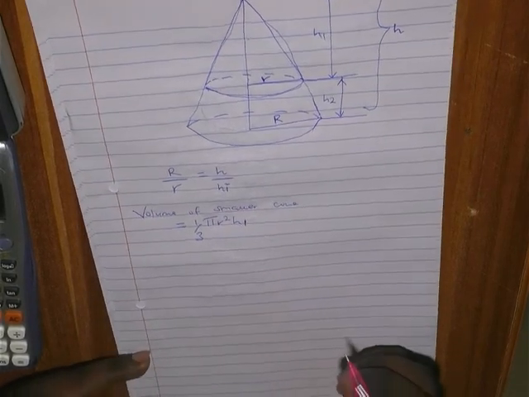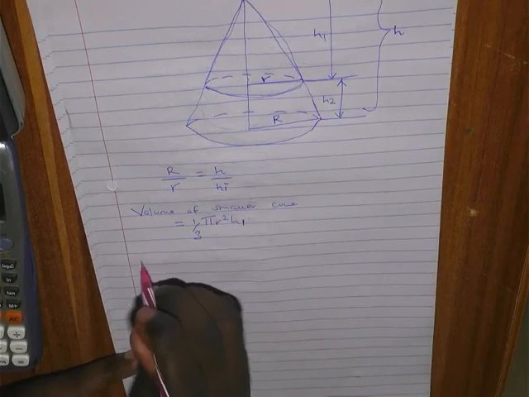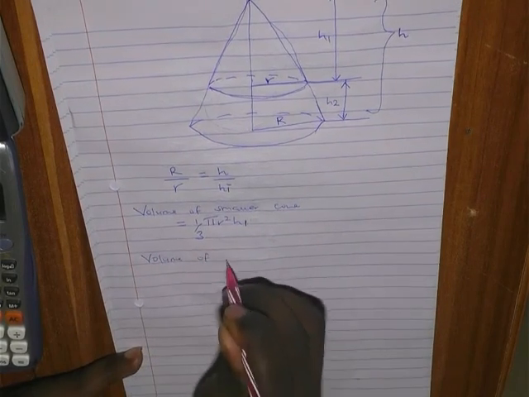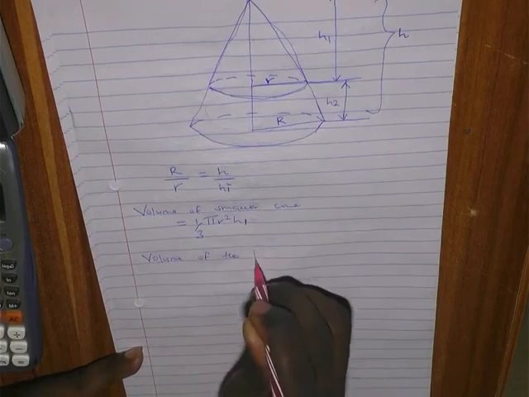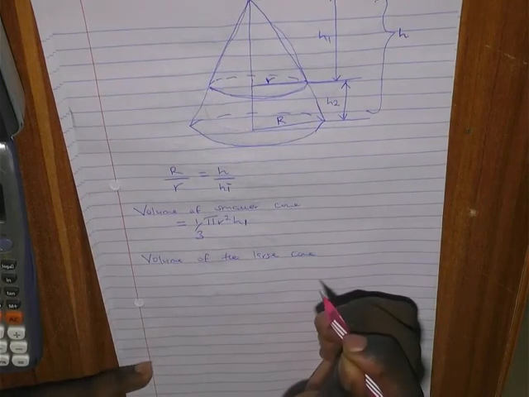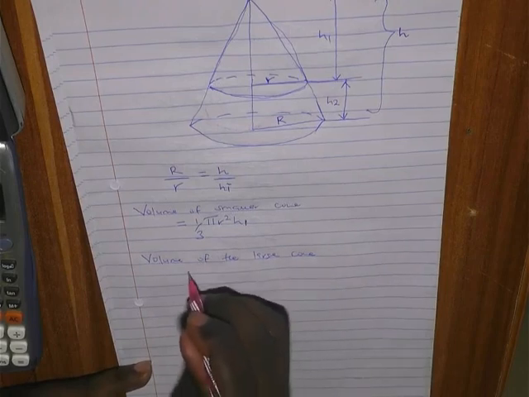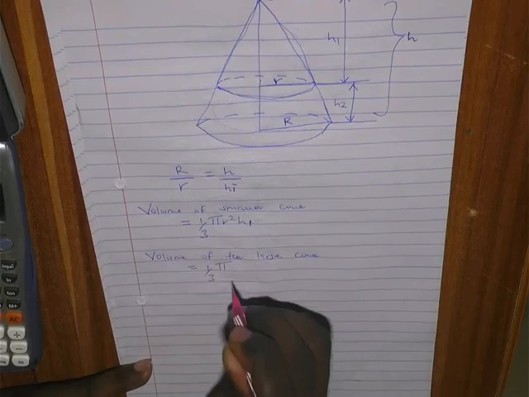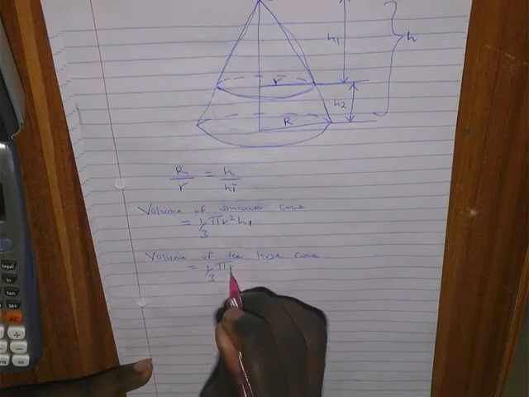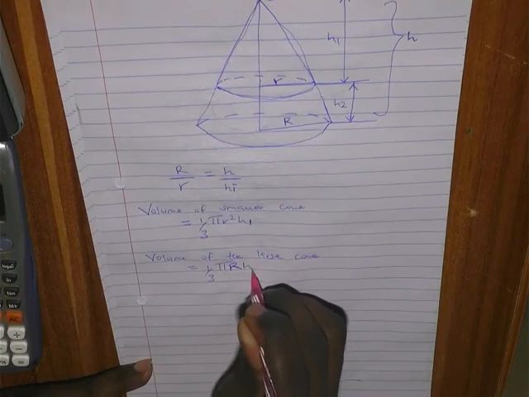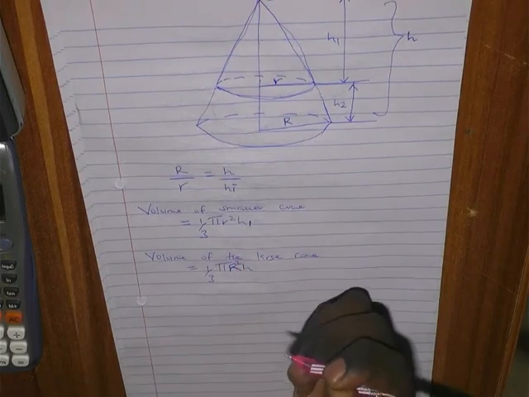What's the volume of the large cone? Try and guess. Volume of the large cone will be given by a third pi, the capital R squared h, right?